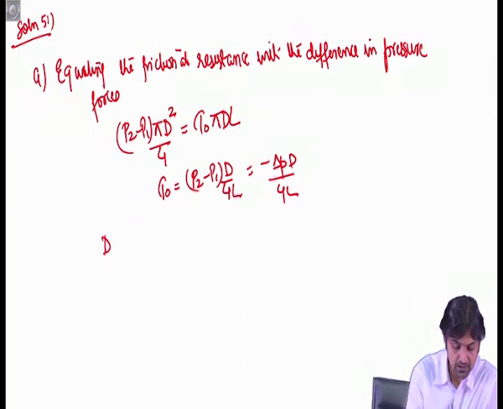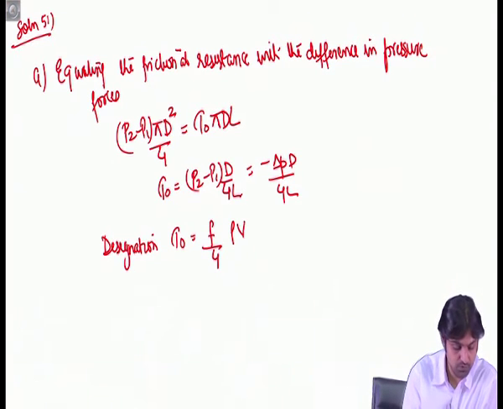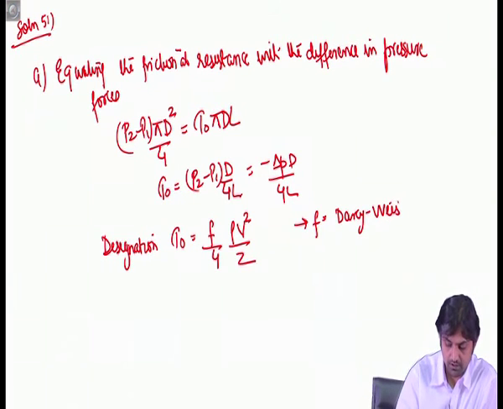Now by definition, tau naught is f by 4 rho V square by 2. Here f is the Darcy friction factor.